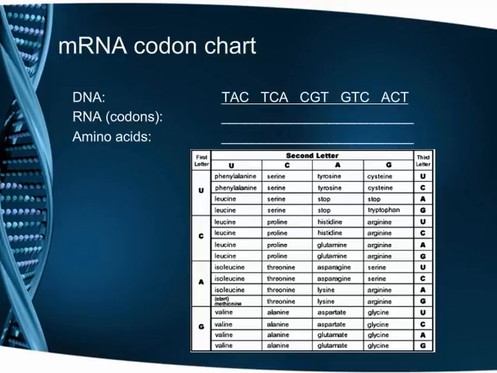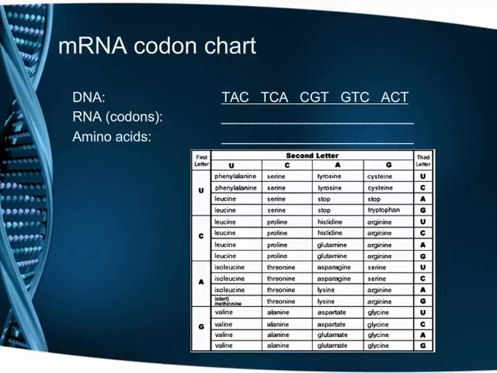Now, looking at the RNA line, you are going to match up the complement to the DNA bases. But recall that in RNA, there is no T. There is a U instead.